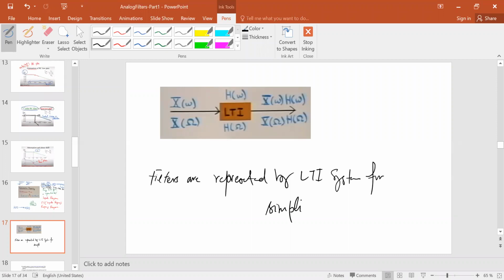That is how we study them. So our first simplification, or first approximation, of any filter is that we represent it as an LTI system. So forget about this omega thing, because this is the digital filter. We only talk about the analog filter. This is the analog side, and the lower one is the digital side. We will talk about it later once we go through the sampling process.